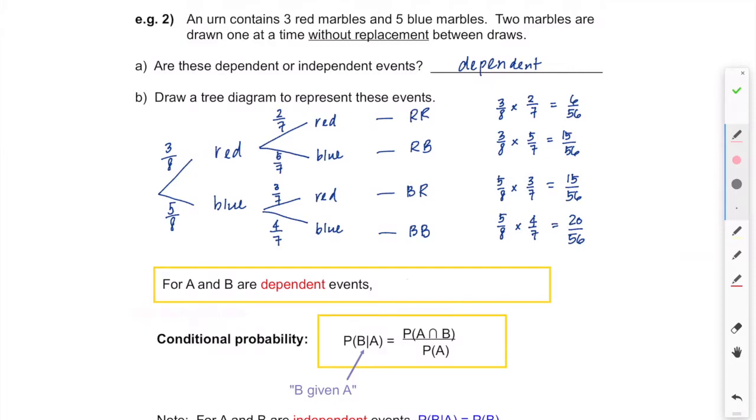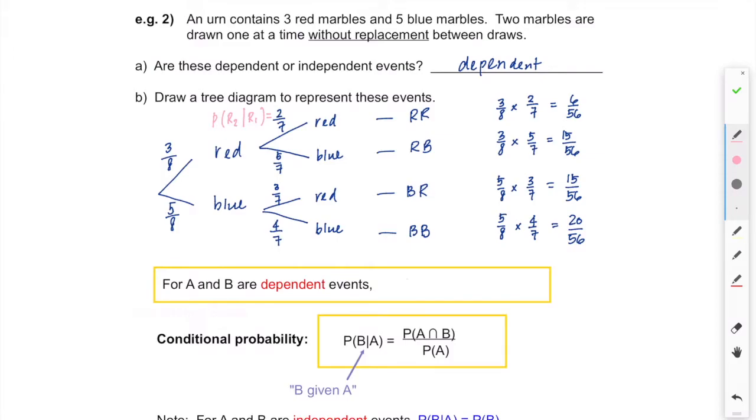Since the draw of the second marble depends on the very first marble, we use this notation to indicate the probability of getting red the second time. The subscript is what we add because we don't want to mix up the first red and the second red. But here the key is given. So knowing that the first marble is also red.